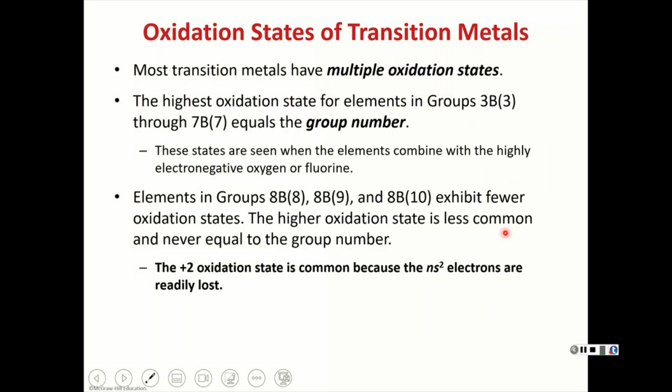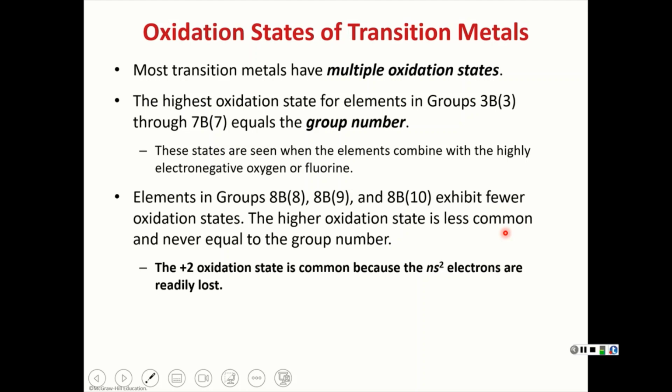Oxidation states, or oxidation numbers, are very important for transition elements. Unlike main group elements, where we can tell the oxidation state based on what column they're in in the periodic table, it's a lot harder to do that for transition metals.